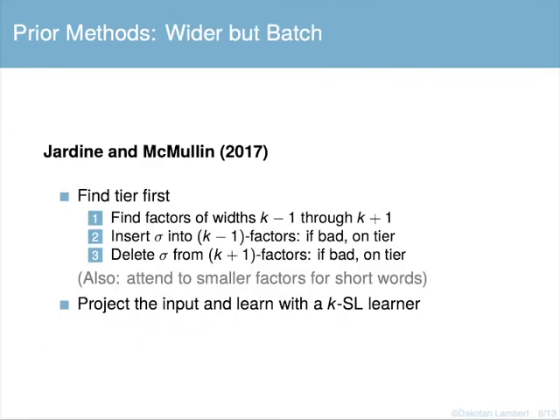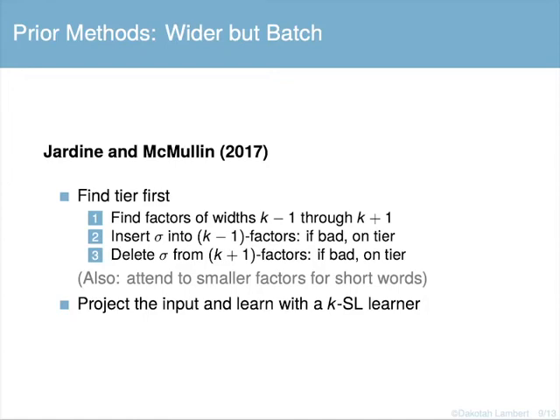A method that works for wider factors, but is a batch learner, was proposed by Jardine and McMullen in 2017, where first you find the tier by finding all factors of width k-1 through k+1. If inserting a symbol sigma into a k-1 factor gives you a k factor that you haven't encountered, then that symbol isn't freely insertable and must be on the tier.